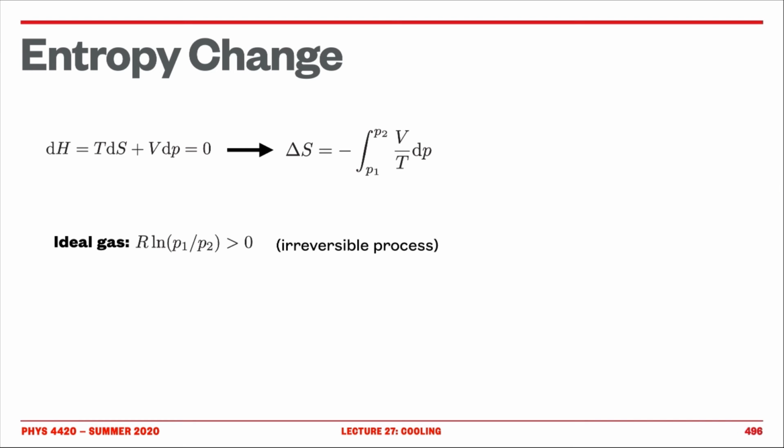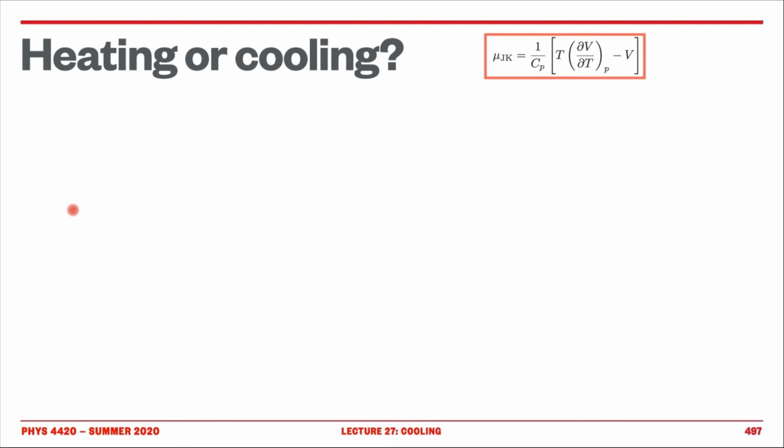Very good. So for an ideal gas, we can calculate this easily. If we go from one pressure to the other one, we get positive entropy, and of course it makes sense since we have an irreversible process, we see the change in entropy. We can calculate this as well for the other models, but you get a similar result, that's positive.